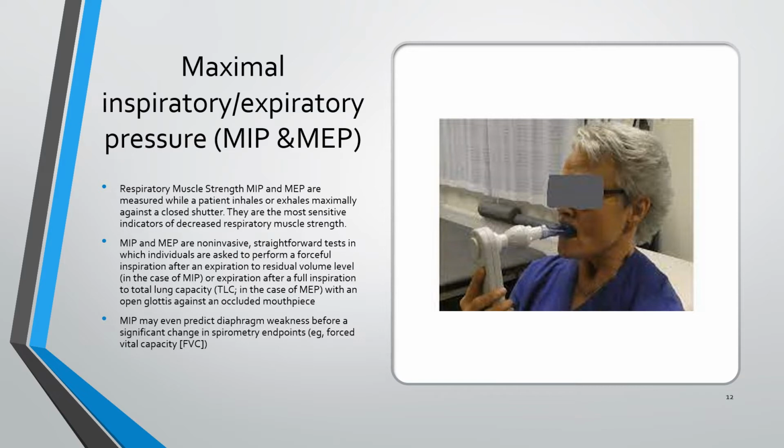For example, you could see a normal forced vital capacity, but if your MIP is decreased, you can see that the diaphragm is actually weakened, and it's more sensitive than spirometry tests like an FVC. So these two tests, MIP and MEP, are very important at the bedside, and you should really know about that. And sometimes they test different neuromuscular diseases based upon the condition of the patient.